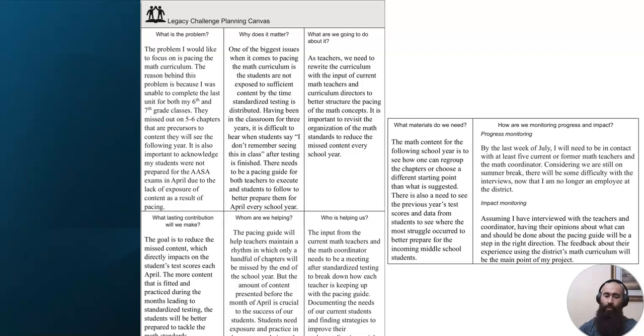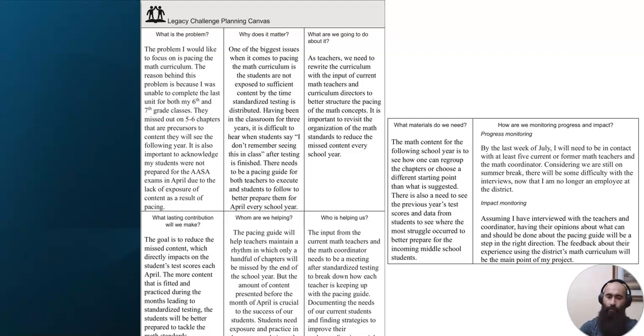So I think we need to find or modify the math pacing guide to reduce the occurrences we deal with on a year-to-year basis, whether the teacher is teaching for well over 5 years or if this is their first year in the classroom.